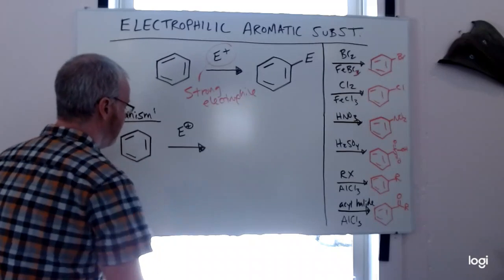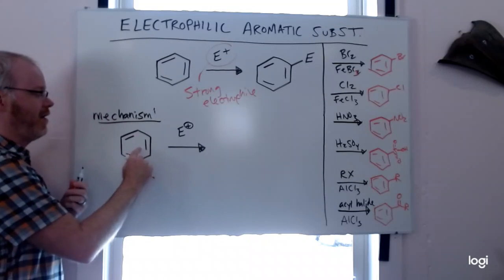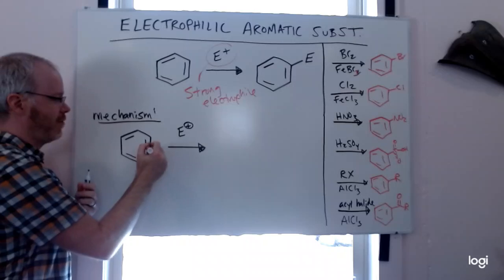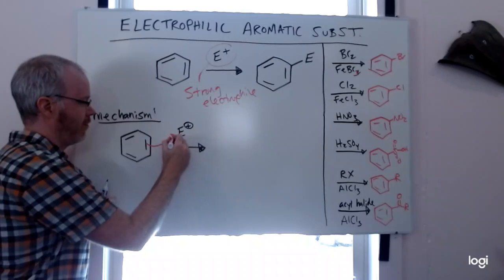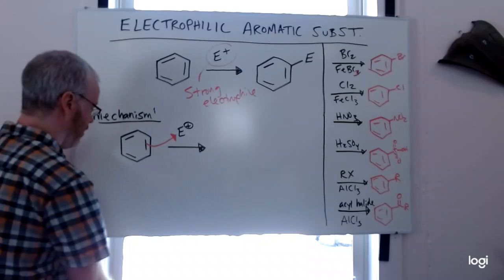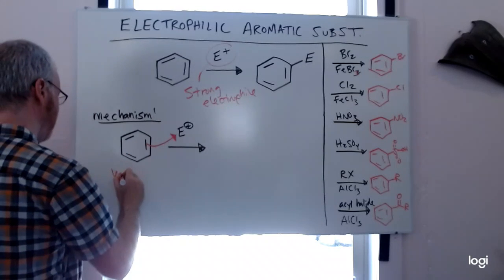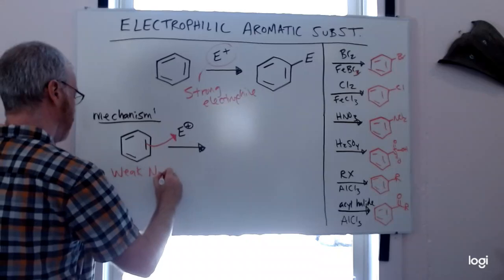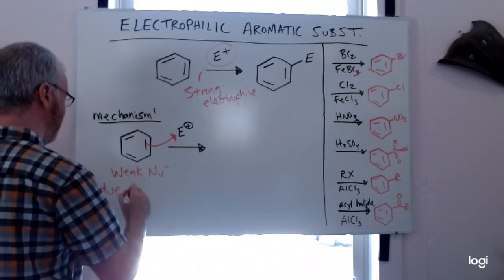And that is one of the pi electrons, could be any, it's perfectly symmetrical here, first has to react with the electrophile. Again, this is going to be a very weak nucleophile due to that stabilization.